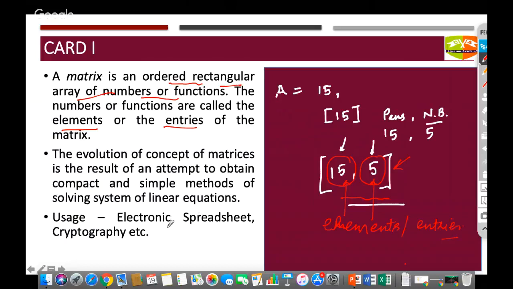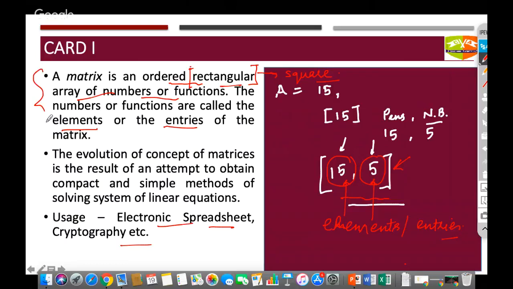Now, where is matrix used? None of this is important from the board perspective, but it is used in cryptography and electronic spreadsheets. Matrix, I'll again repeat, is an ordered rectangular array. When I say rectangular, it doesn't mean it will always be rectangular. When I discuss types of matrix, you'll see square matrices are also there, so it will be either a square or a rectangle.